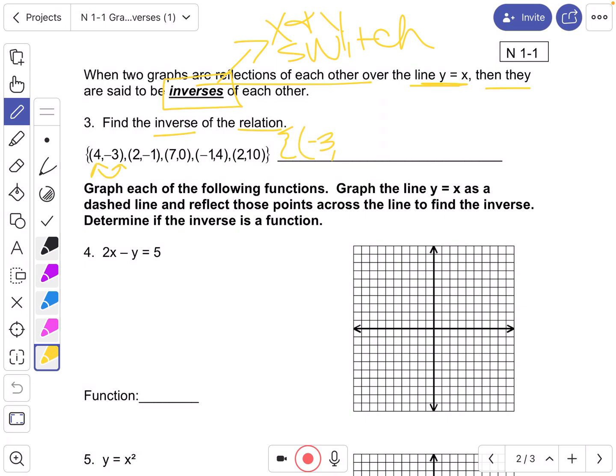So negative 3, 4 would be our inverse point. Negative 1, 2, 0, 7, 4, negative 1, and 10, 2. So it's really easy here. You're given just a list of ordered pairs, which is a relation. Just switch your x and y's. That's your inverse graph, or inverse relation.